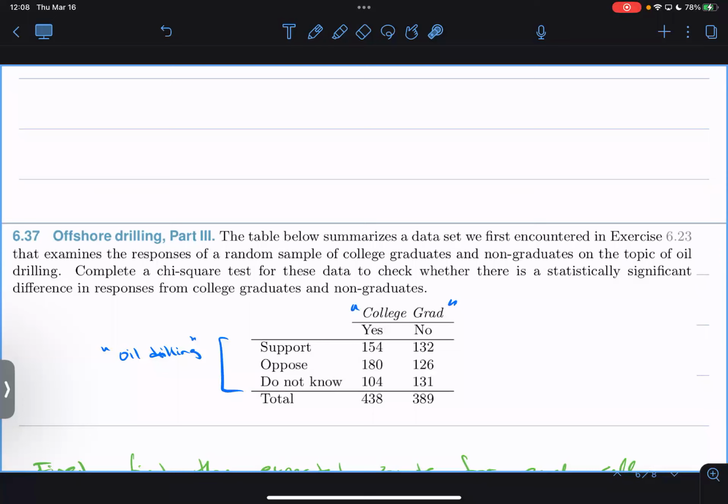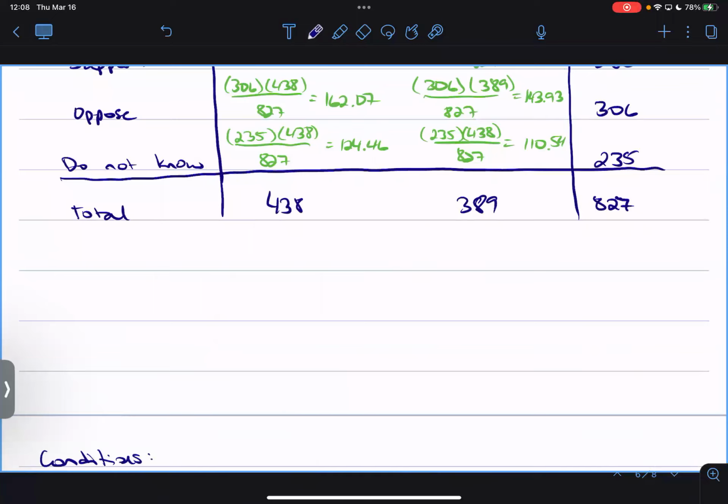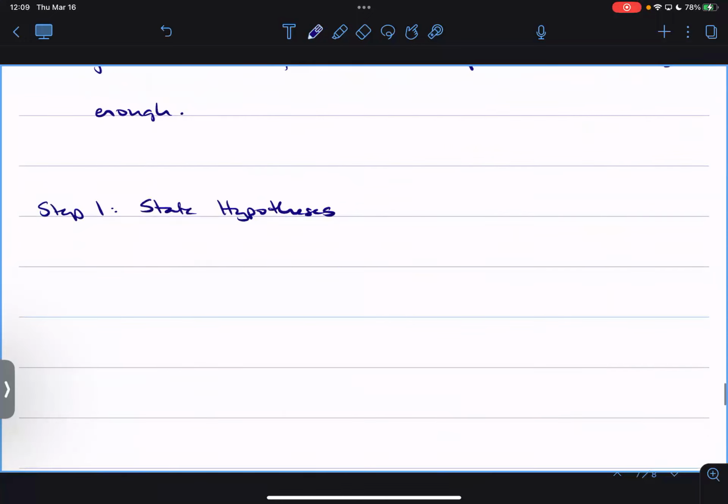Or maybe, let's see if I can come up with something snazzy. So now we're ready for the hypothesis test. Step 1 is to state the hypotheses. The null hypothesis is the variables are independent. That's what it says on our formula sheet.